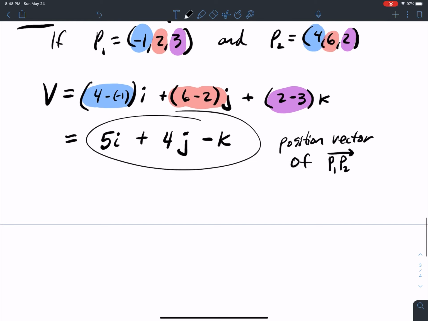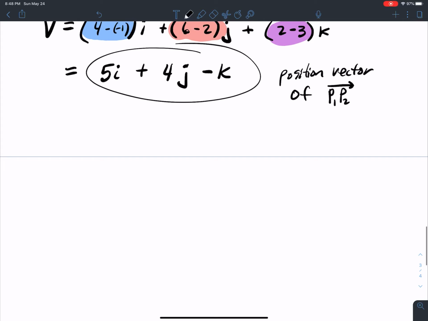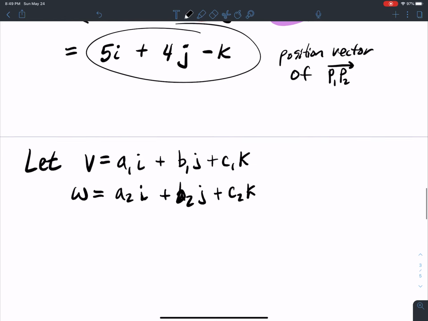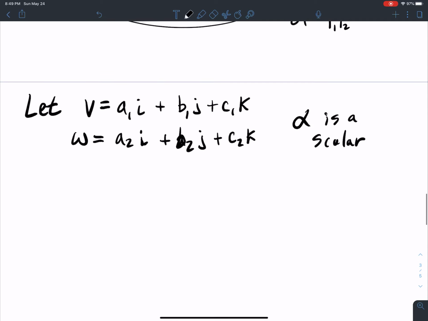All right. So performing operations, if I have v equals a1i plus b1j plus c1k, and w equals a2i plus b2j plus c2k, be two vectors, and alpha is a scalar, then what happens?